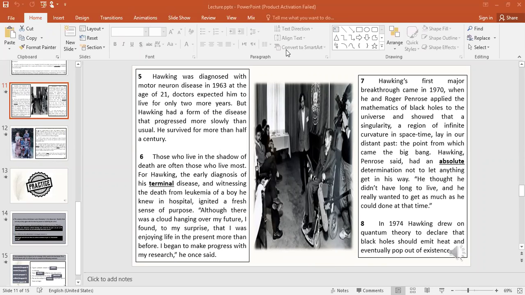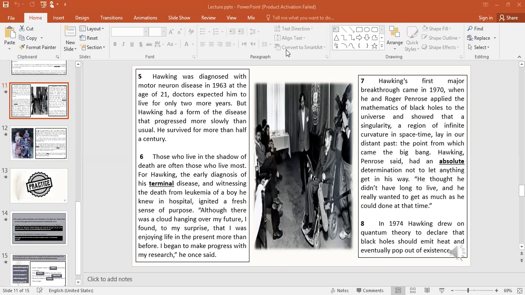Let's start reading paragraph 8 just to refresh our minds, and then we'll continue with the exercises. Adnan, please start reading. Yes, Miss. Paragraph 8. In 1974, Hawking drew on quantum theory to declare that black holes should emit heat and eventually pop out of existence.